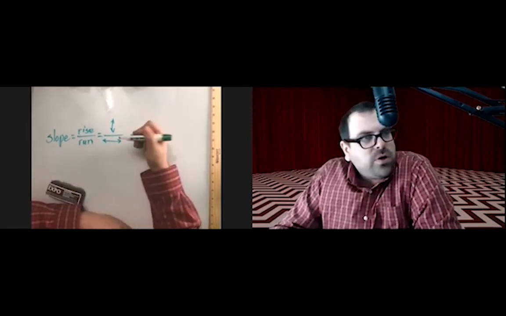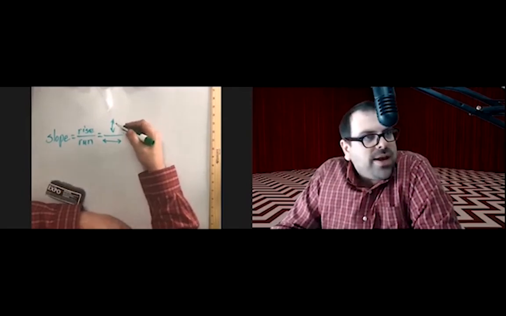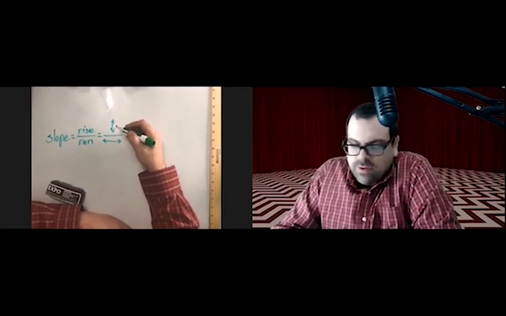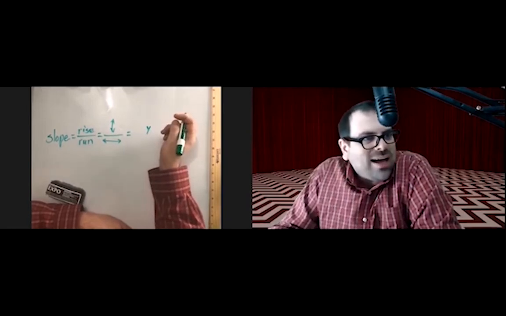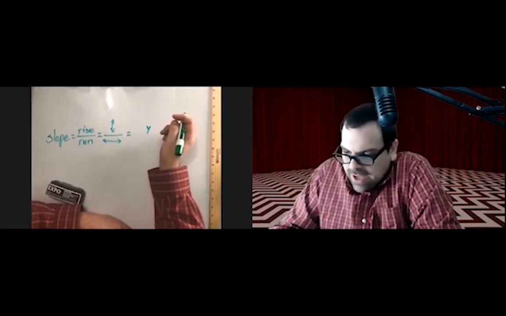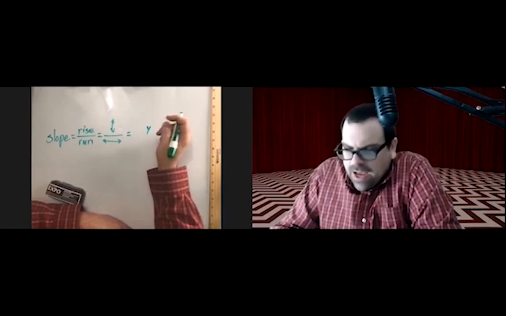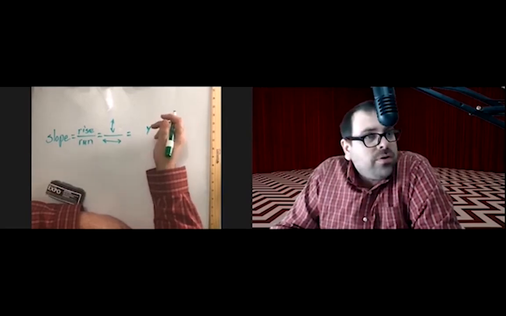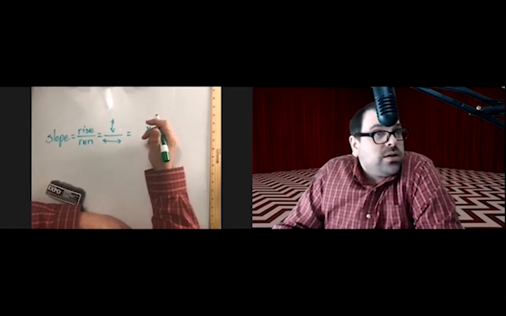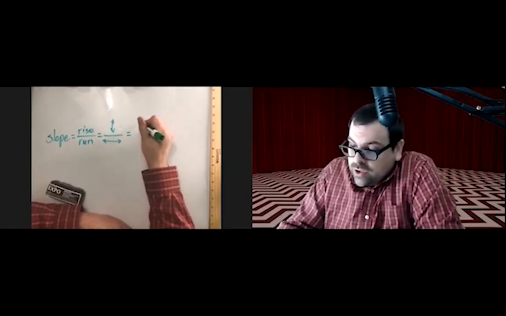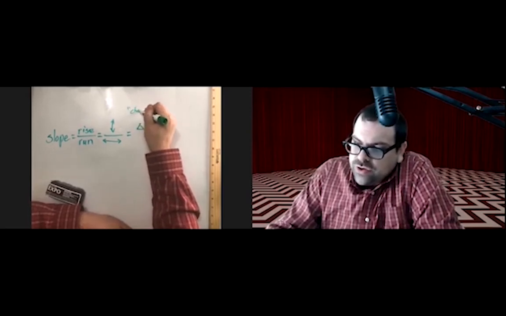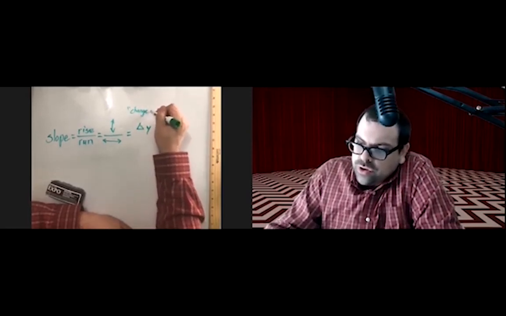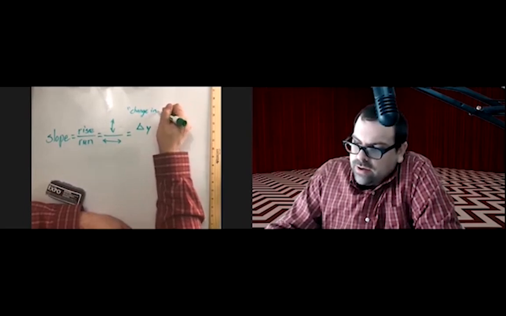Well, wait a minute. When we're graphing up and down, that's our y. That's our y-axis. And how much we go up or down from where we start to where we finish could be considered the change in y.